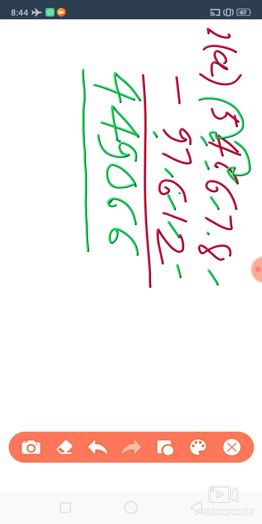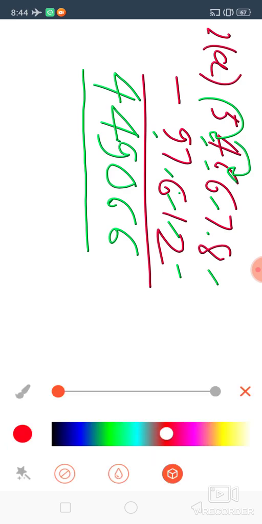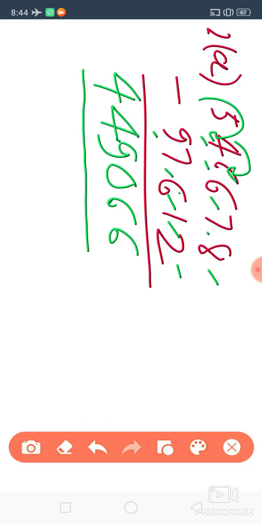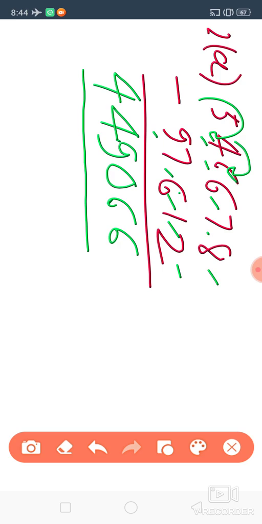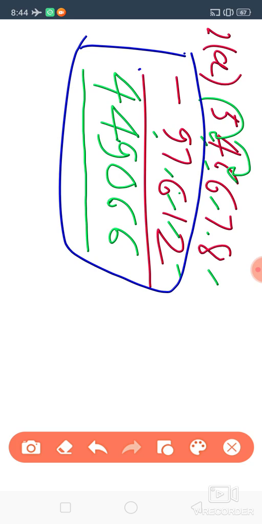Now we have to check, have we got the answer correct or not? We have to check it. So what we'll do? These two parts we will add and we'll see whether it is coming equal to this or not. Okay. So first of all you'll write check.